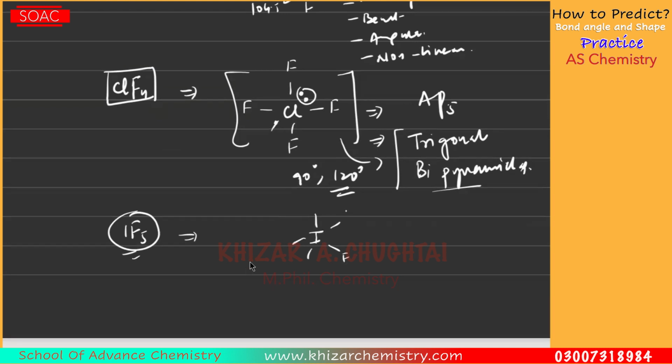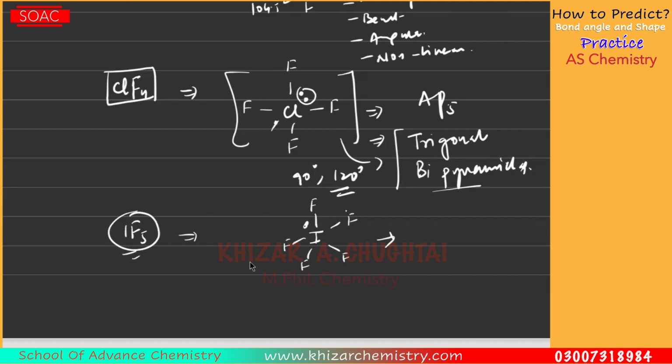It's also group 7, so there will be 1 lone pair. Correct. 1 lone pair. AP6 roughly, or you can say distorted octahedral, or roughly octahedral. Sir, जो हमारे syllabus में है AP6, it should have all 6 bond pairs. Yes, exactly. And this has 5 bond pairs. Sorry. Yes, 5 bond pairs and 1 lone pair.